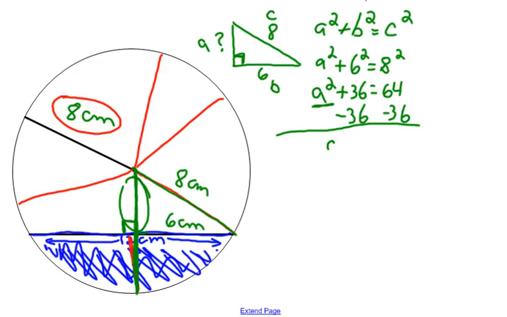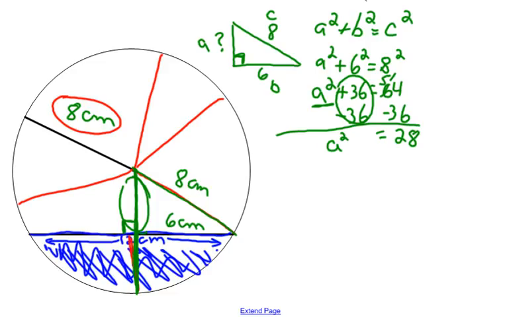On this side we're left with a squared, and this will zero out, equals 64 minus 36. 14 take away 6 leaves us with 8, and 5 take away 3 leaves us with 2. So a squared equals 28.